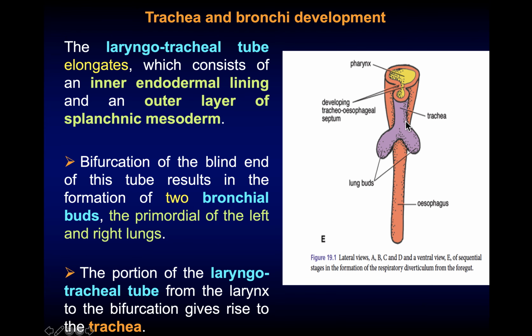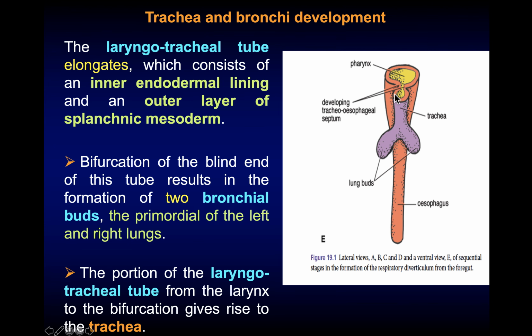So we can see here, this is the area of the laryngotracheal tube. As I said, we have the epithelium here, which originates from the endoderm, whereas the splanchnic mesoderm is going to surround this endoderm later. We can see here that there is a bifurcation of this tube, which will result in the formation of two bronchial buds.